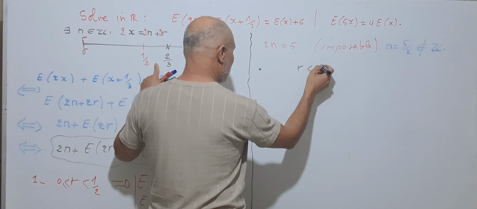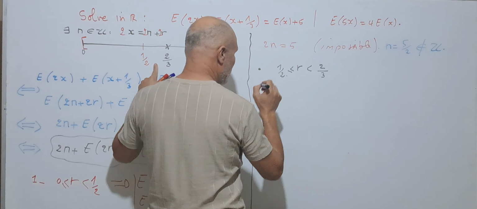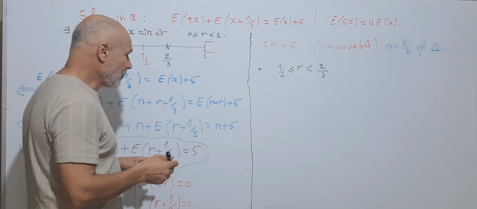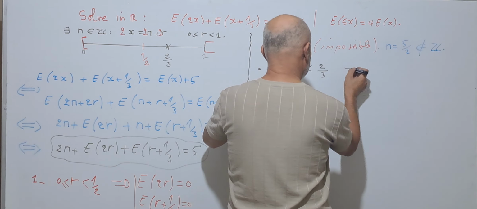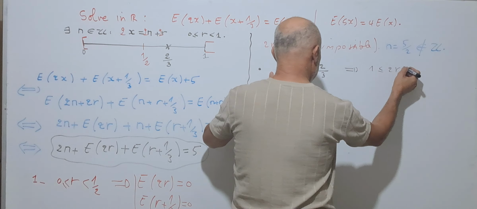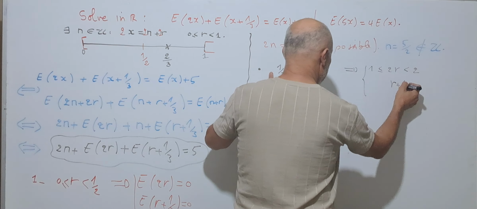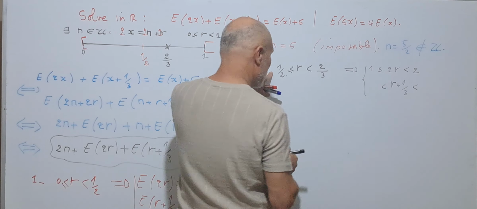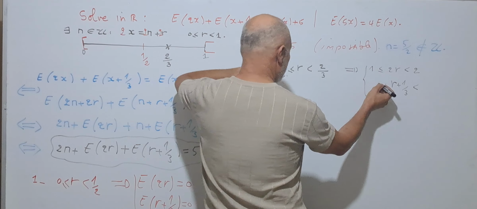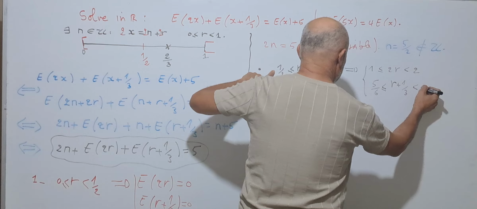Now the second case, we suppose that r is strictly less than 2 over 3 and greater than or equal to 1/2. In this case, if we multiply by 2, we get 1 less than or equal to 2r, which is strictly less than 2, and r plus 1 over 3 is between 5 over 6 and strictly less than 1.